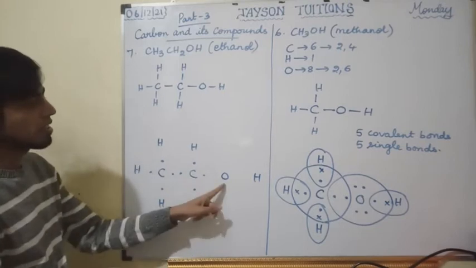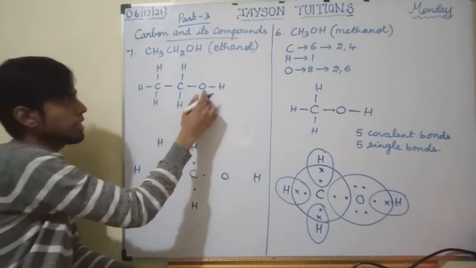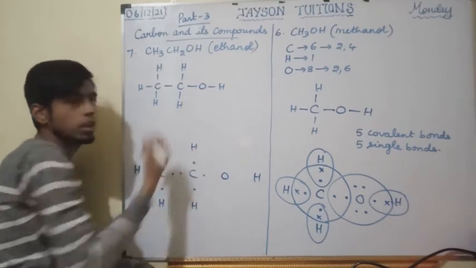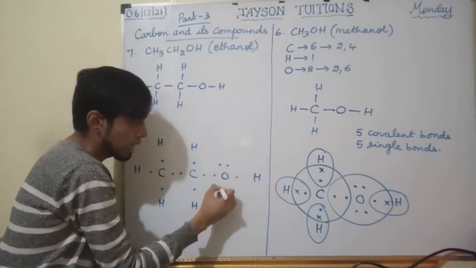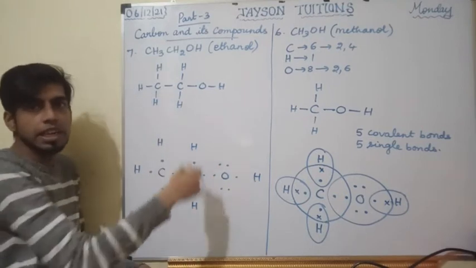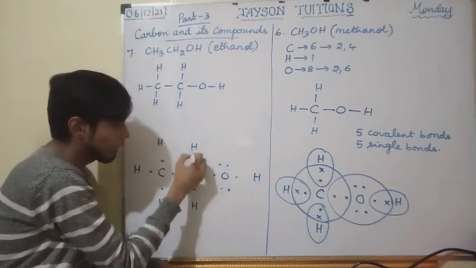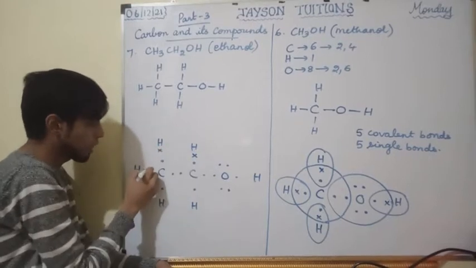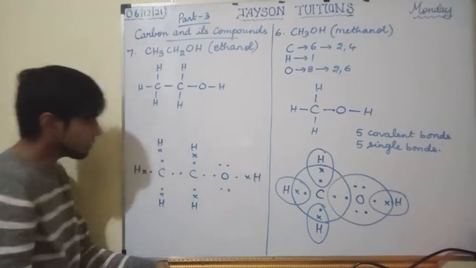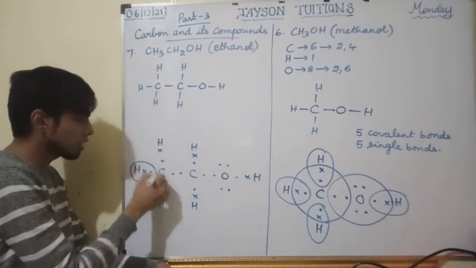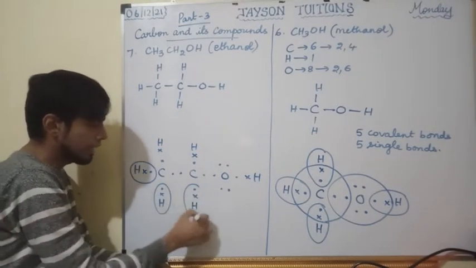For oxygen 6 dots. How should I keep the 6 dots? 1 dot this side, 1 dot this side. So 1, 2, remaining 4 dots upper side and downward side. Okay, and for all the hydrogens, 1 dot. Now it is easy to circle for all the hydrogens first.